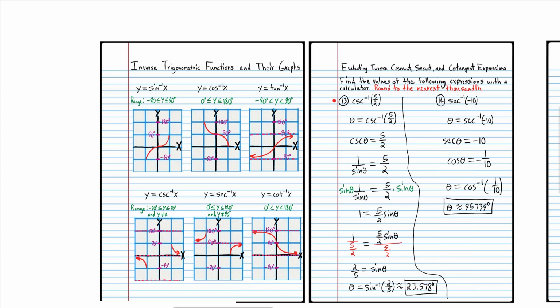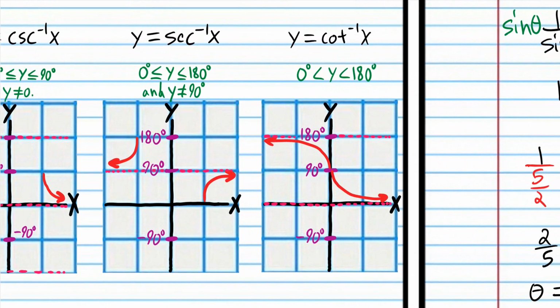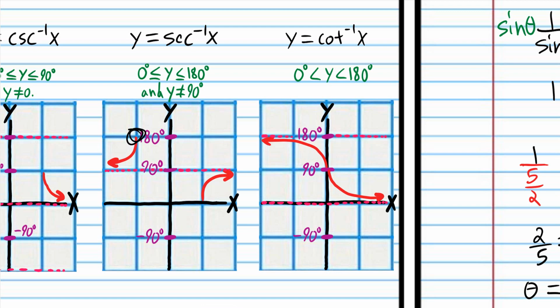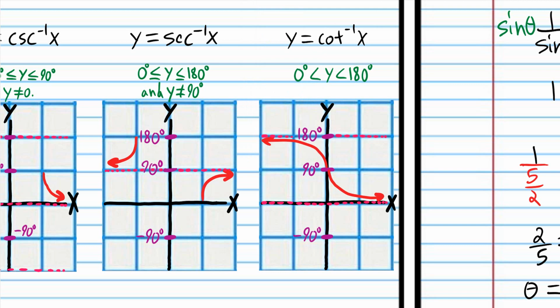The outputs of the secant inverse function can be between 0 and 180, including 180. So that's why up here is 180. It should be touching that junction there between the grid right there.